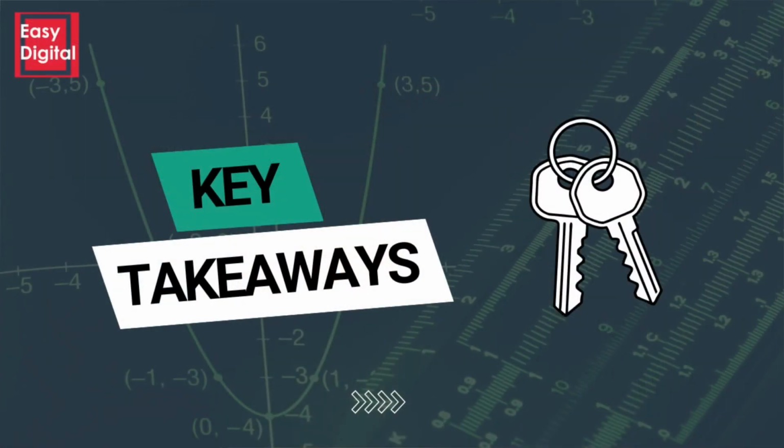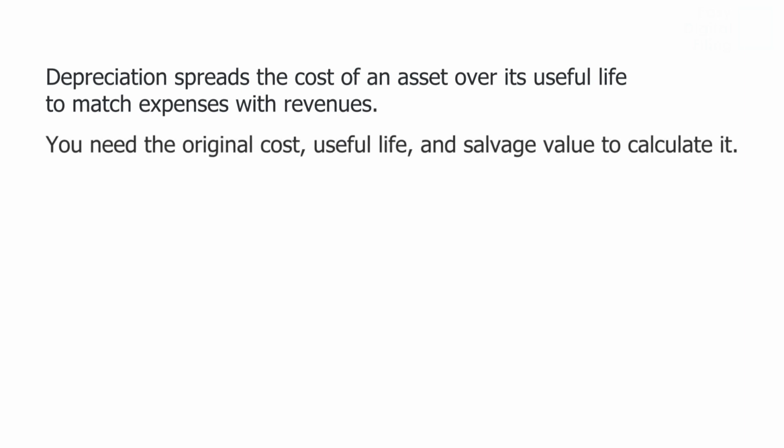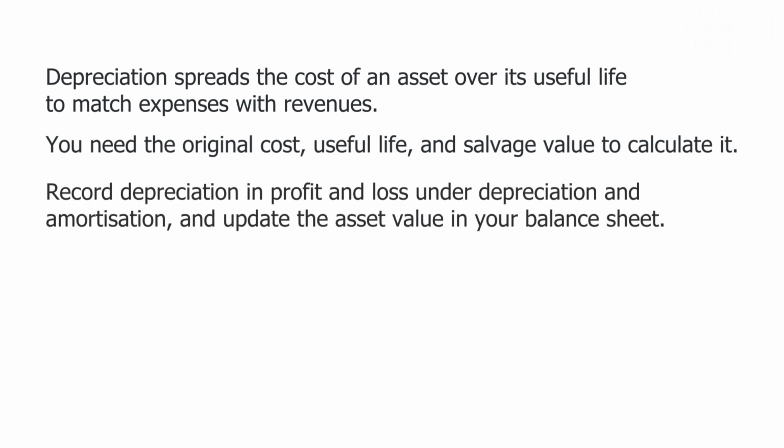Key takeaways: depreciation spreads the cost of an asset over its useful life to match expenses with revenues. You need the original cost, useful life, and salvage value to calculate it. Record depreciation in profit and loss under depreciation and amortization, and update the asset value in your balance sheet.